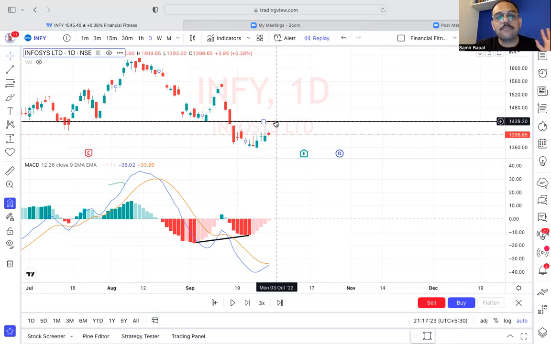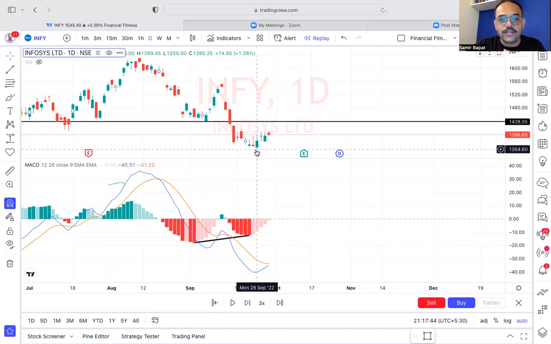That is the biggest mistake people do, that they first buy the share, then they scratch their head. And they'll keep scratching their head how to exit. That is the worst way of trading, the easiest way to lose money. If you know the entry point, your exit point should be also known.